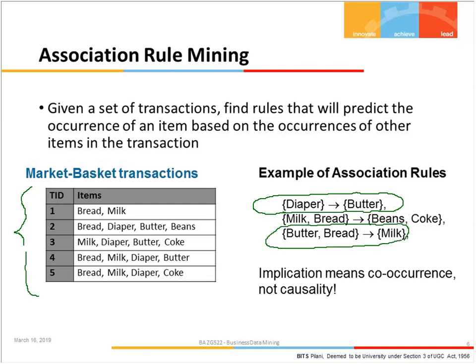So these are the examples of association rules, which we will be able to draw once we understand the co-occurrence patterns within this data. As we have discussed, co-occurrence is only co-occurrence. We have no intention to do research in causality, so we will leave that to some other experts.